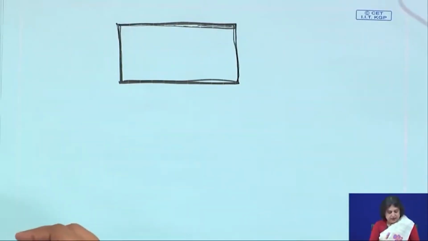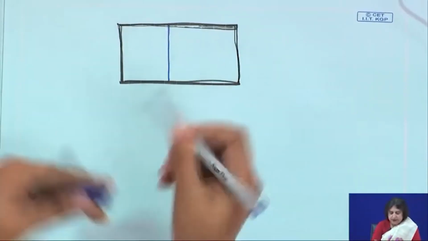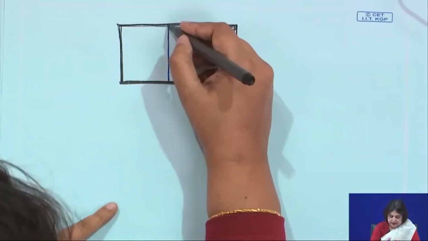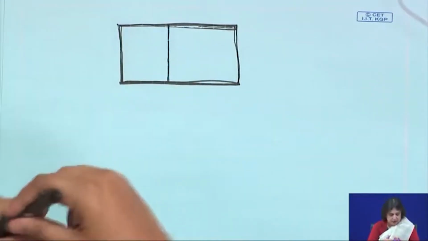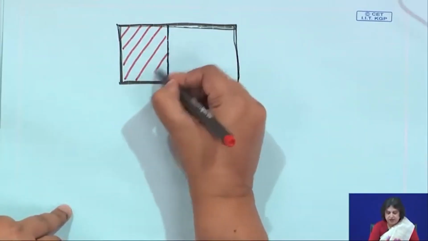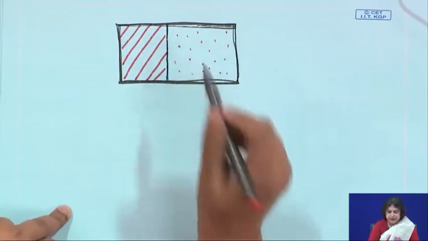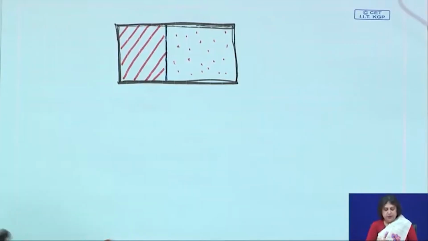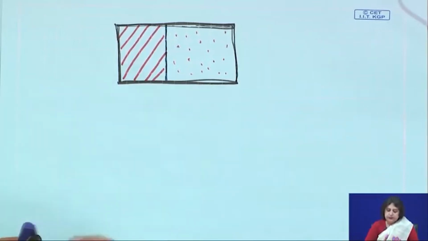Now, I have constructed a partition in this box, and this partition is highly non-adiabatic, rigid as well as impermeable. Therefore, the solid material on the two sides, let me shade them like this and like this, although they are the same solid, I would say that there will be no exchange of either energy or volume or mass between them.